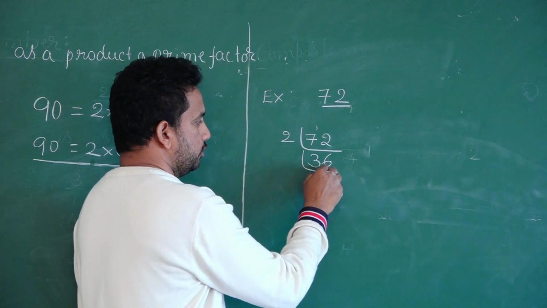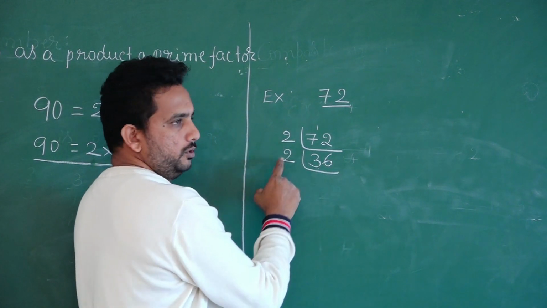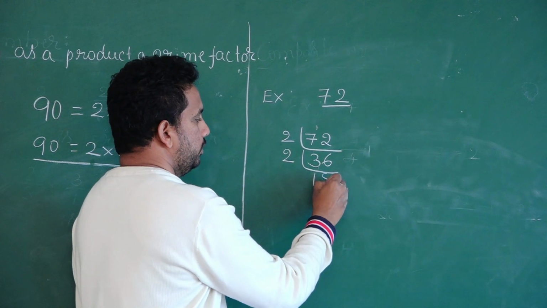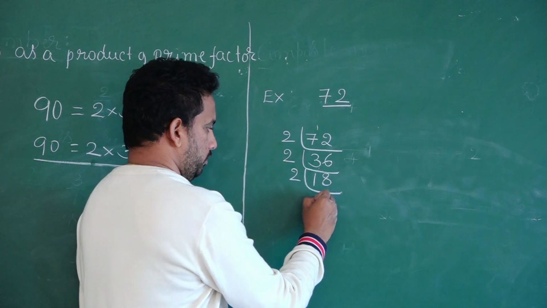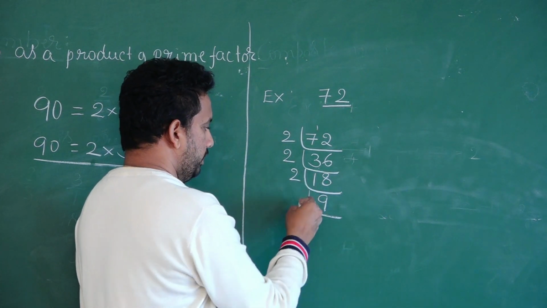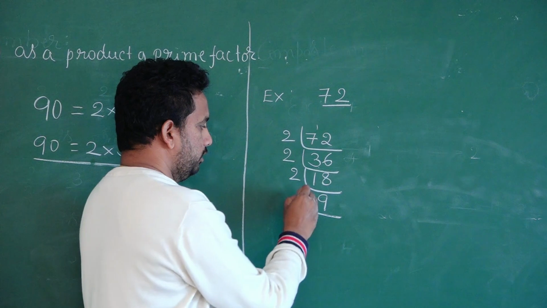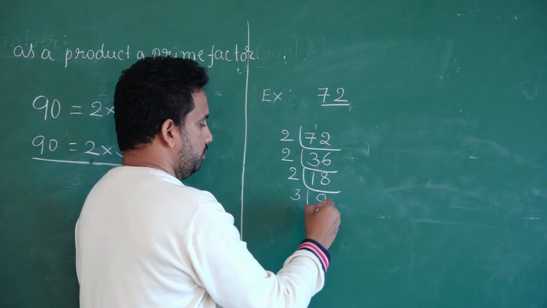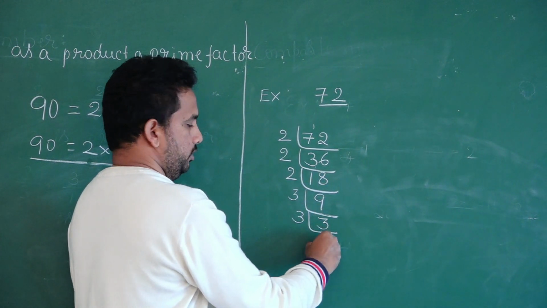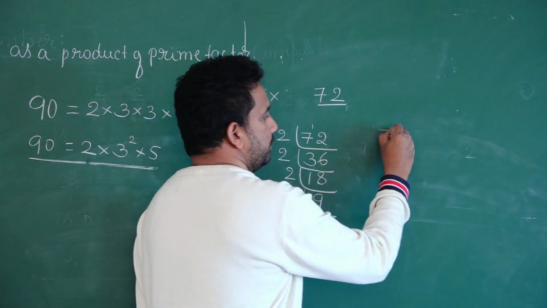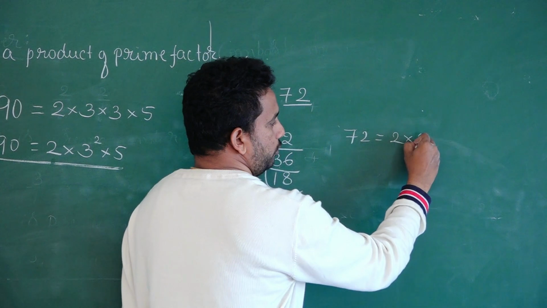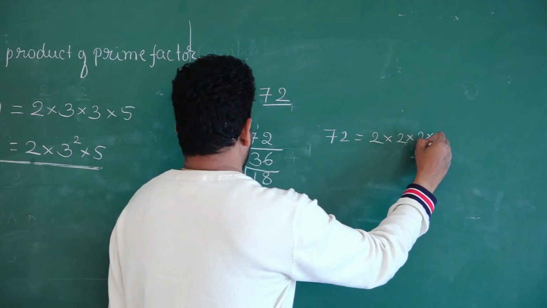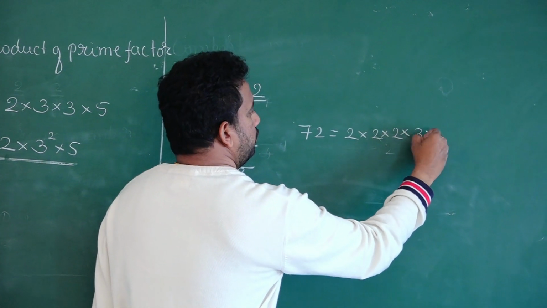Then it is also an even number, so we can divide by 2. 2 ones are 2, 2 eights are 16. Again you can divide by 2. 2 nines are 18. So 9 cannot be divided by 2, therefore we can take 3. 3 threes are 9, then 3 ones are 3. So therefore we can express 72 as 2 into 2 into 2 into 3 into 3.